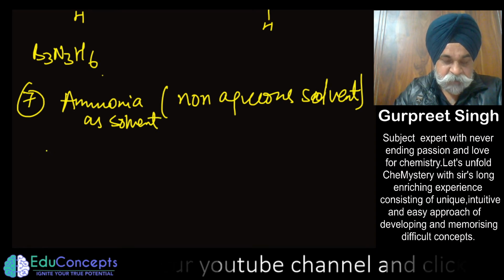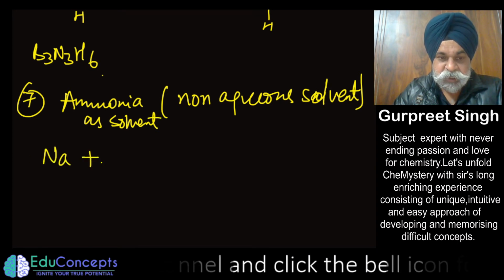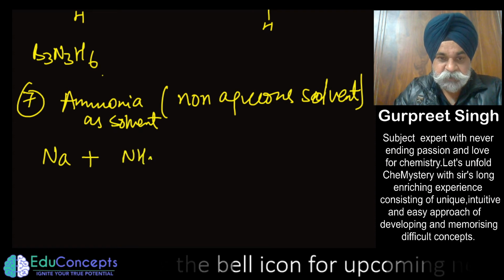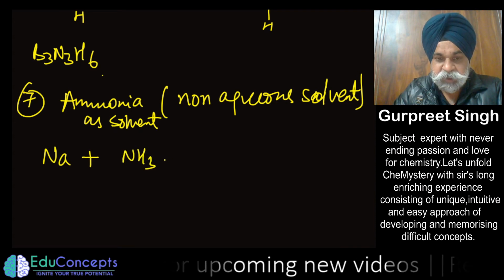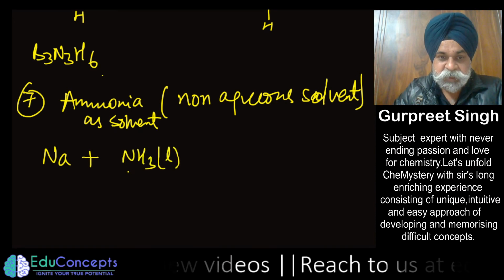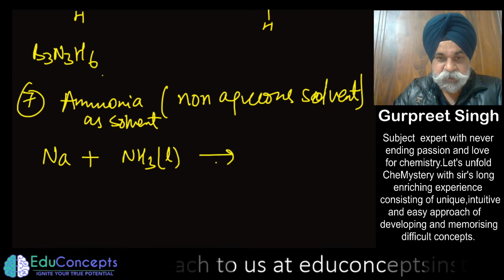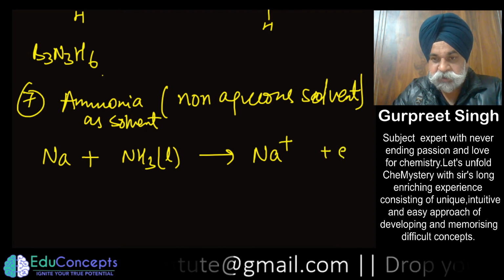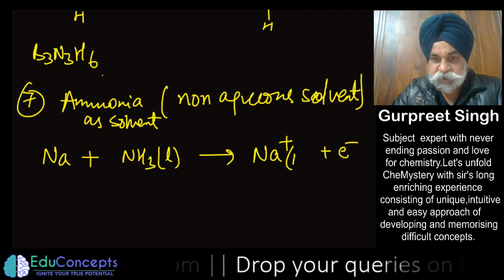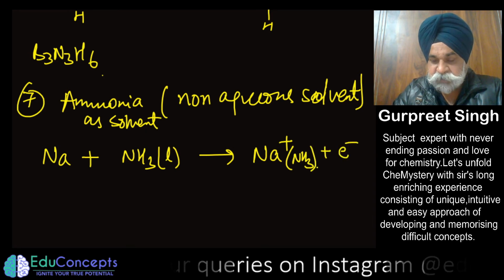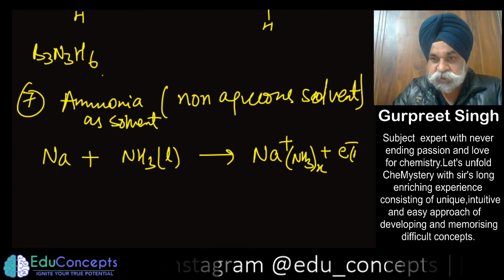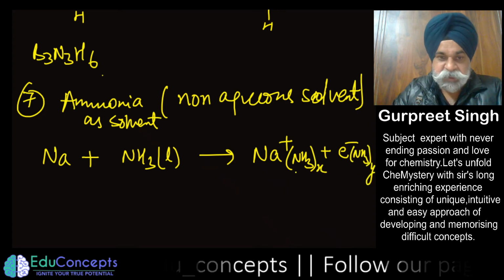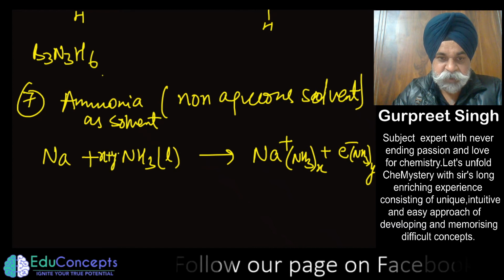If you treat sodium with liquid ammonia, it gets solvated: Na positive plus electron. This gets solvated with ammonia, say X, and this also gets solvated with ammonia, Y. So I shall write X plus Y.